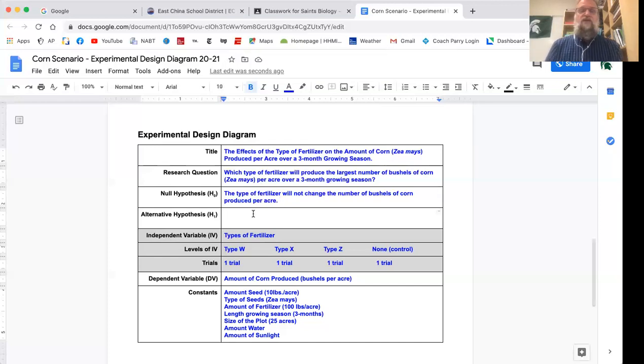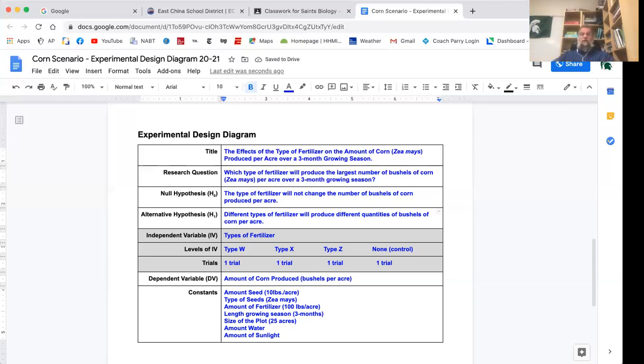My alternative does just the opposite. It says different types of fertilizer will produce different quantities of bushels of corn per acre.